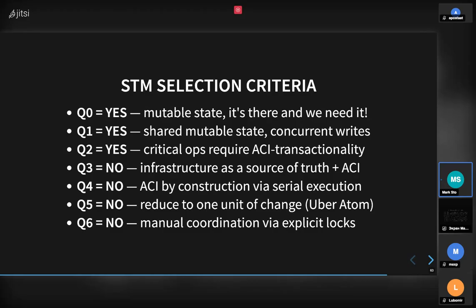So what's the suggested solution for the case with single writer? I mean the question 2. Okay, no, question 1.